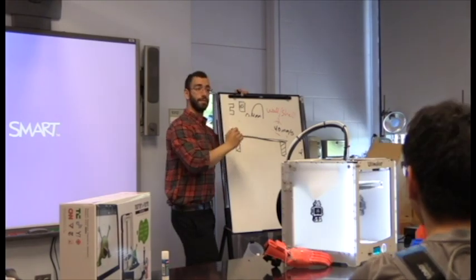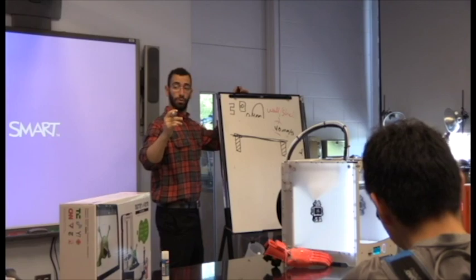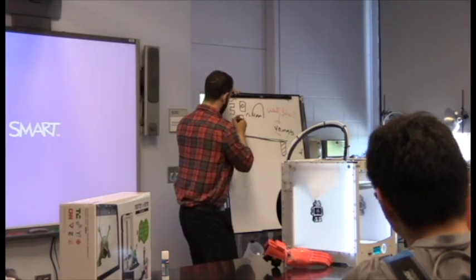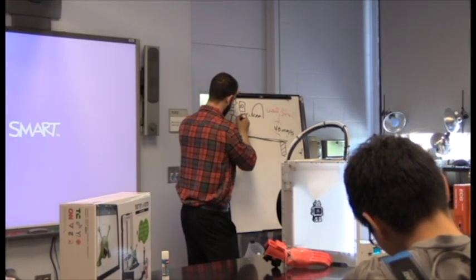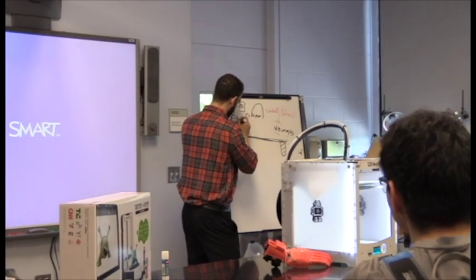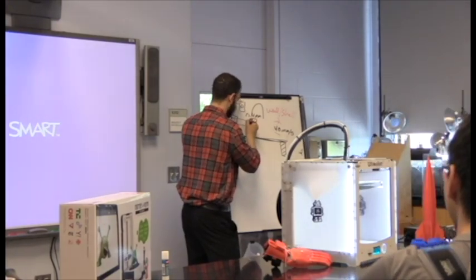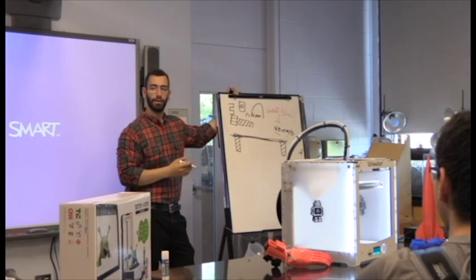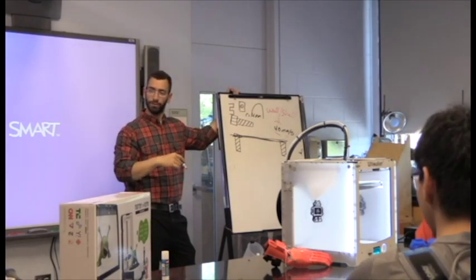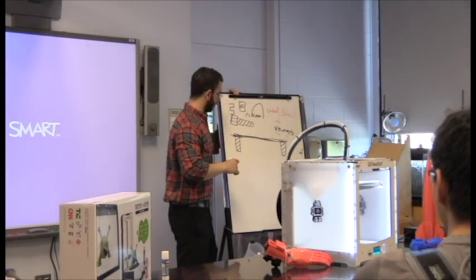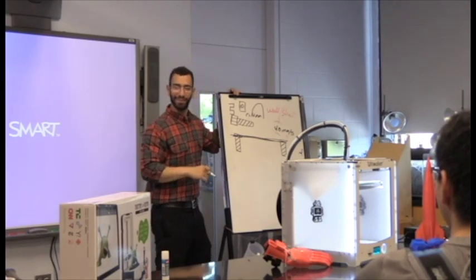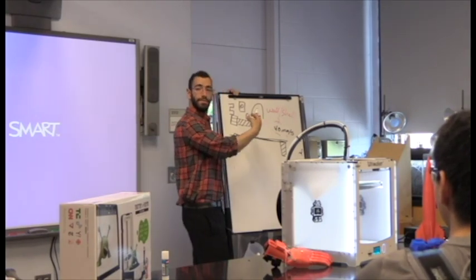You guys know what a nut is? A screw is kind of the male part, so you have a bolt. A bolt looks like this, and you have threads, right? You've seen this before. A nut is the receiving end of this.